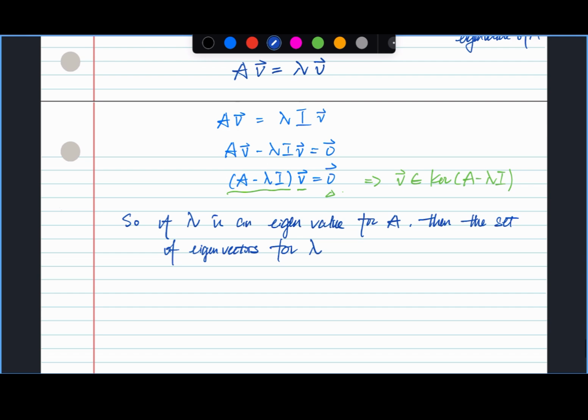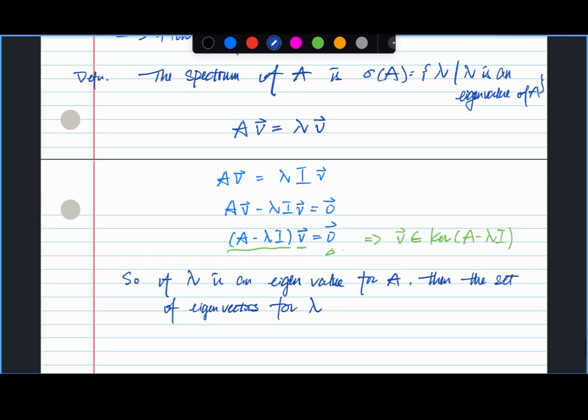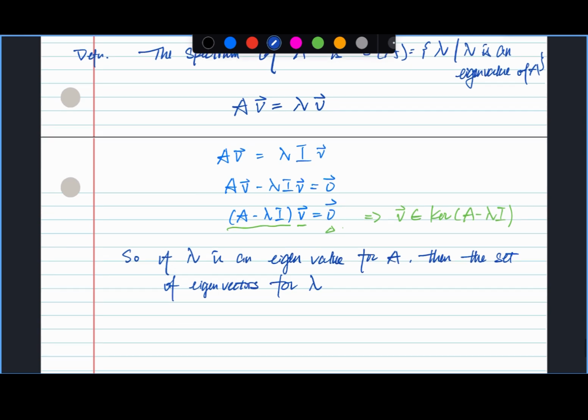Yes, but for example, do you mean like instead of 1, 1, 3, it's like 2, 2, 6? But then lambda has to change too, right? Right.